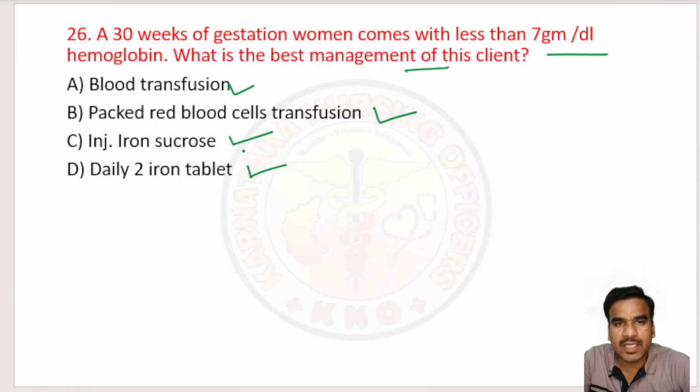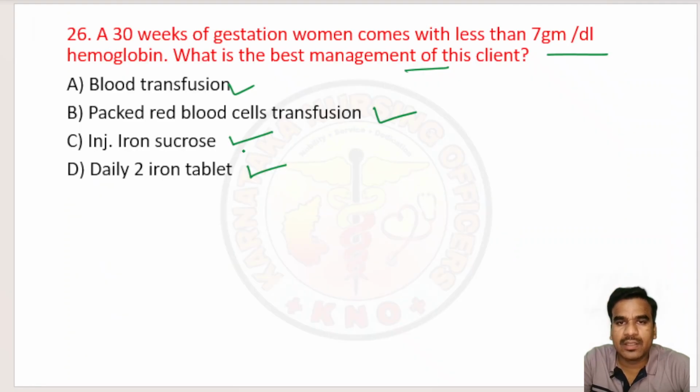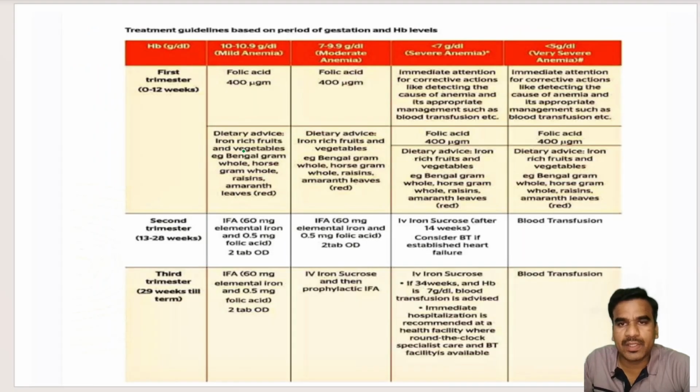As per the national guidelines, Anemia Mukt Bharat, less than 7 gram per dl is considered severe anemia. After the 14th week, we can administer IV iron sucrose. Iron sucrose is the right answer.